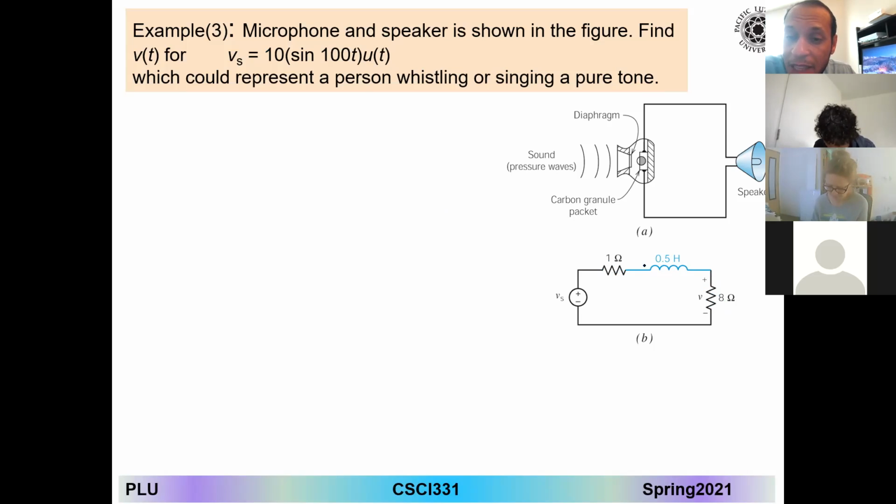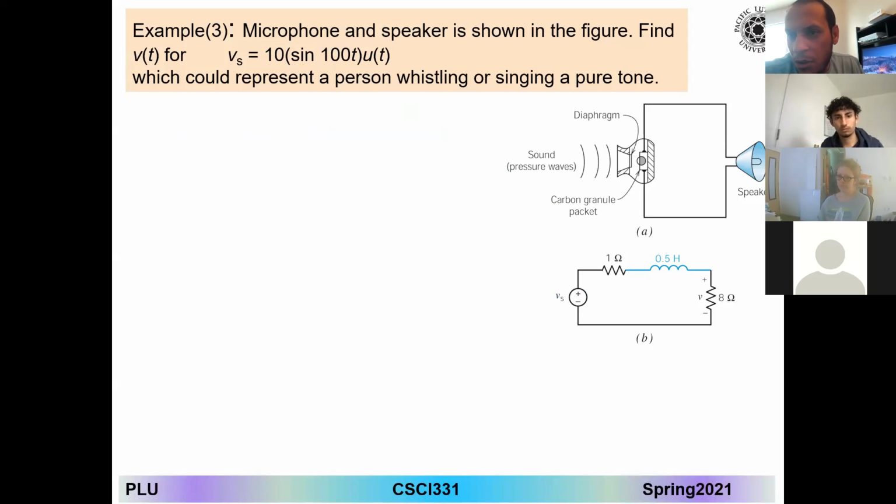This is the microphone and speaker both. The only thing, Vs here, is your input, basically your voice, the guy who is going to speak loud. So that's the signal here.